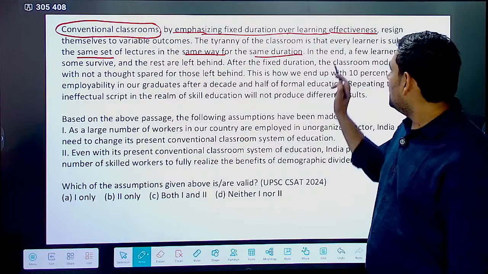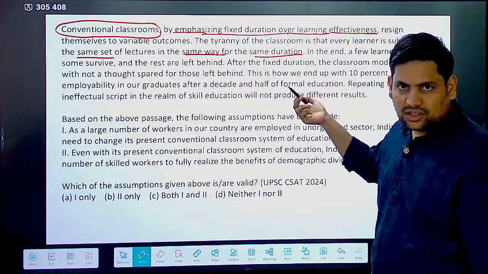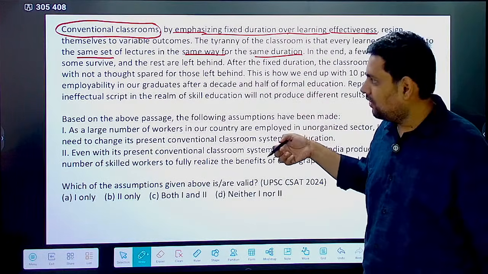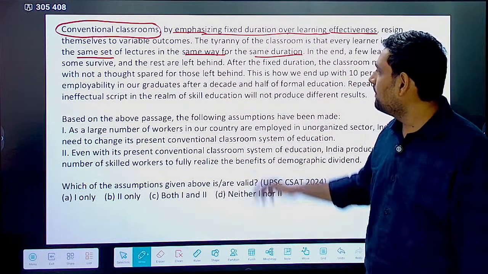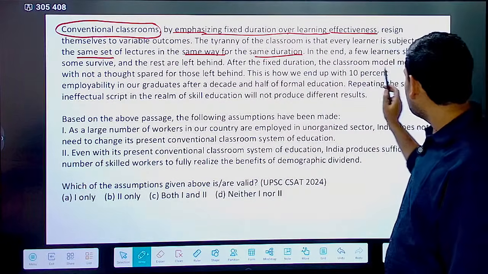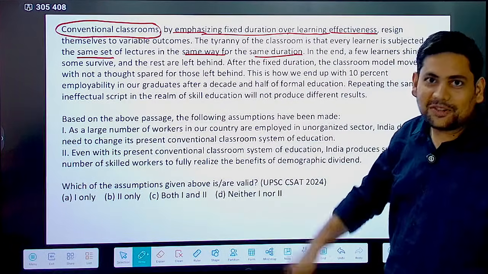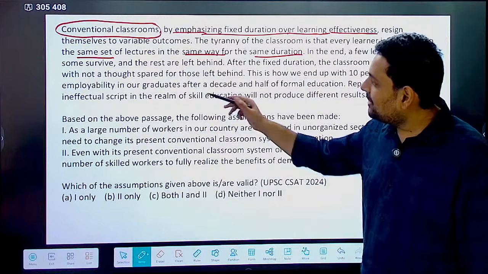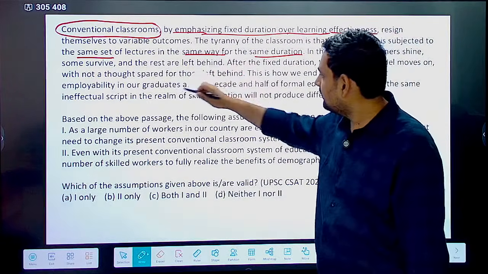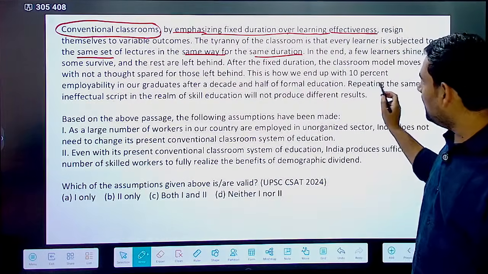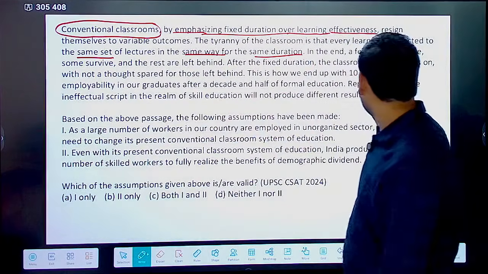Then in the end, a few learners shine, correct? A few students do very well, some survive and the rest are left behind. Then after the fixed duration, the classroom model moves on, correct? Then you have the next class with not a thought spared for those left behind. This is how we end up with 10% employability.